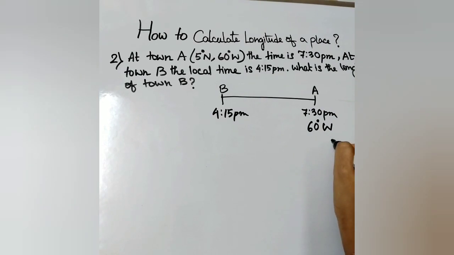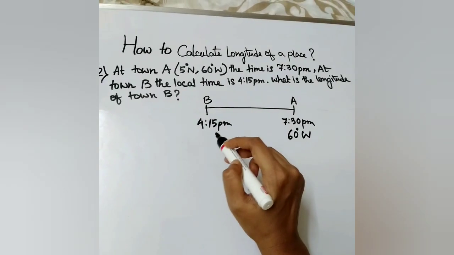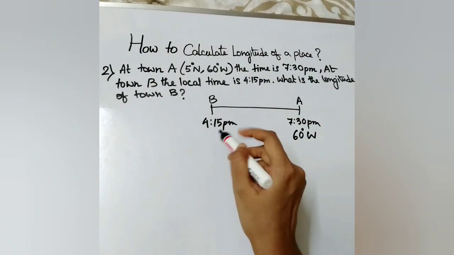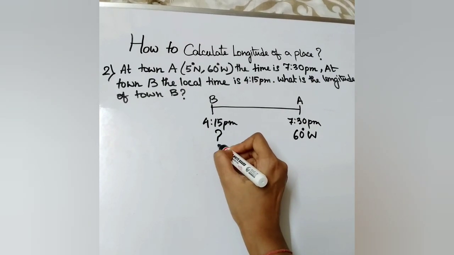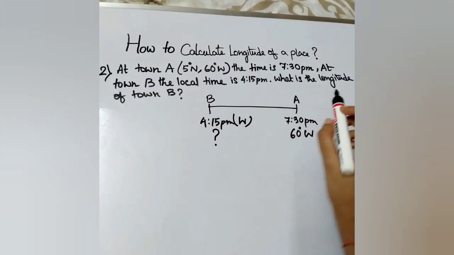So if it is 60 degree west, we will find out this town B's location, longitude. If it is western hemisphere, obviously it is behind the town A. Also it is in the western hemisphere.